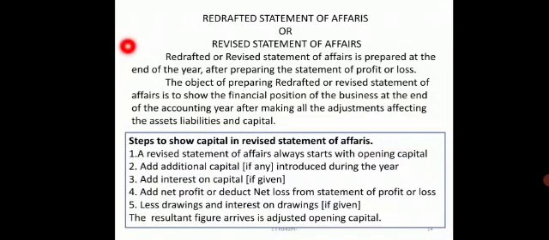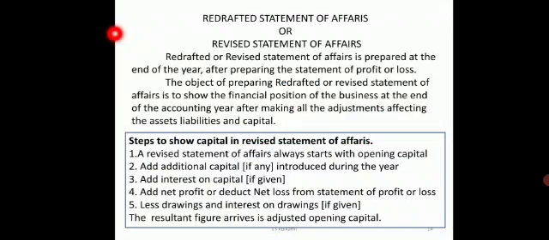Now, the revised statement of affairs is prepared to know the financial position. It is prepared after preparing the profit and loss account. The main reason for preparing such a revised statement is to know the financial position of the business at the end. Just as we have a balance sheet, in the same manner this statement shows all the adjustments in the statement itself.